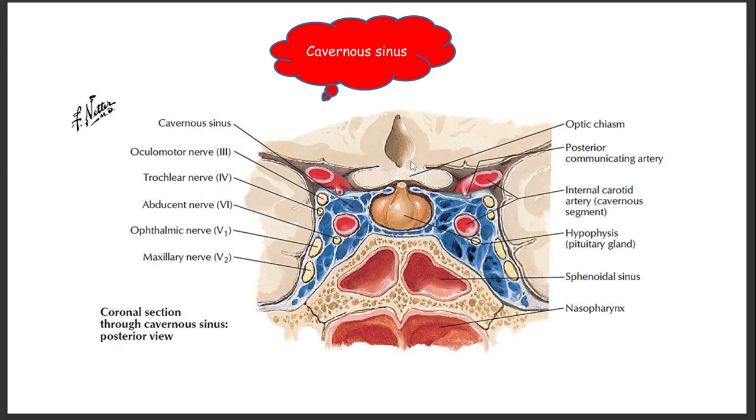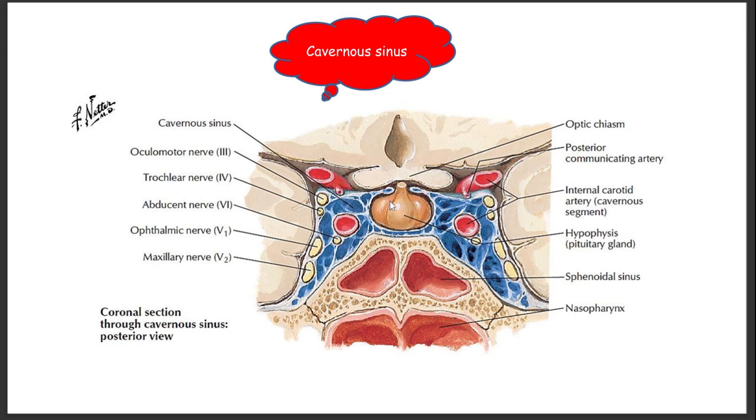On top here, you have what we call the optic chiasm, and it's important for you to understand how this is. Cranial nerve number 2, the optic nerve, which enables us to see, carries the visual sensations from the left and the right, and it crosses at the optic chiasm to turn to the other side to give you the optic tract that will go to the occipital lobe of the brain.